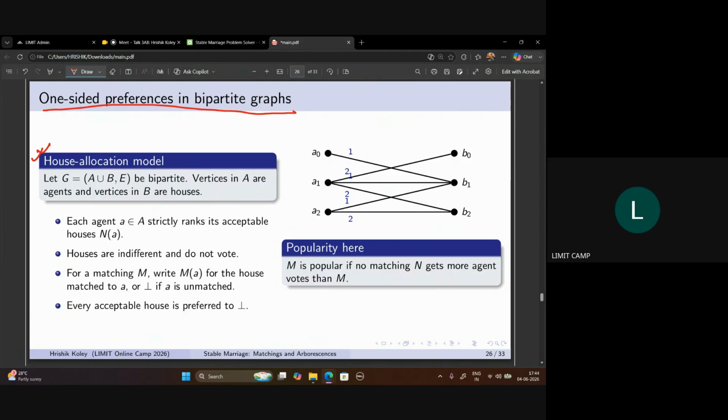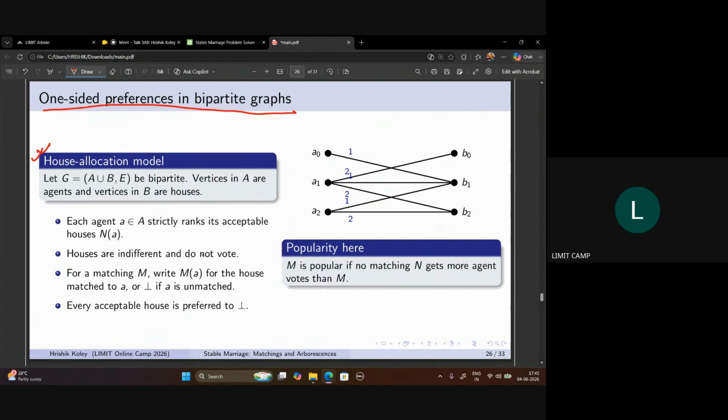So take G to be a bipartite graph, take the vertices in A as agents or the residents, take the vertices in B to be houses. Now, each agent a belonging to A strictly ranks its acceptable houses in its neighborhood. Houses are indifferent and have no preference.